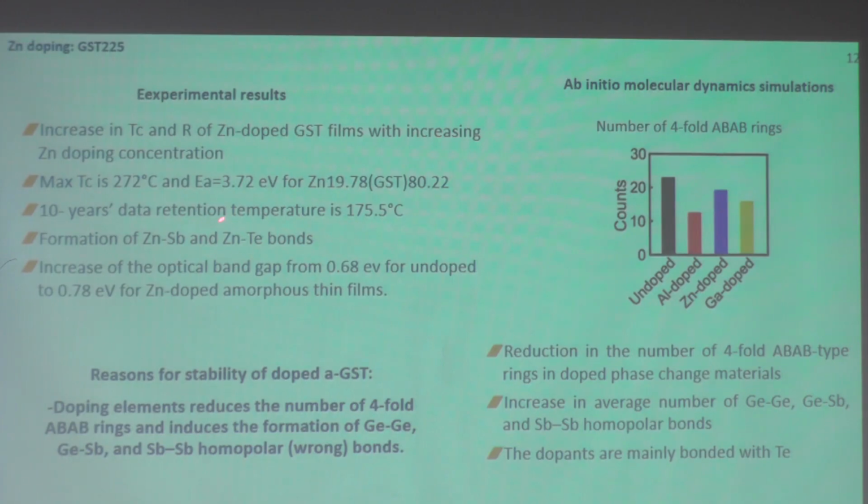It's confirmed by the XPS, but they also found some zinc-antimony bonds. And all this structural data also explains why this amorphous phase is stable: one is the reduction of these four-fold ABAB rings, and the formation of homopolar bonds in this material.